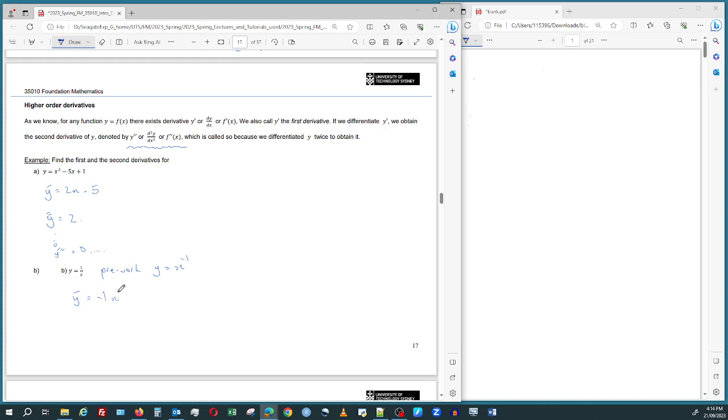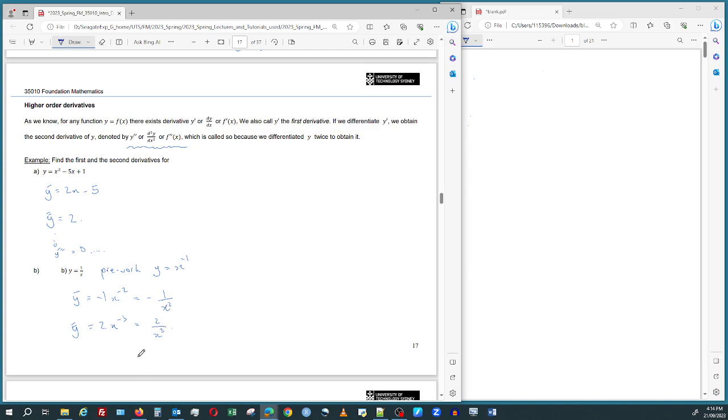Minus 1 minus 1 is minus 2, which is minus 1 over x squared. So that's the indices rules. Second double dash. Minus 2 comes out the front. Minus 2 times minus 1 is plus 2. X to the minus 2 minus 1 is minus 3. So we end up with 2 this time over x cubed.